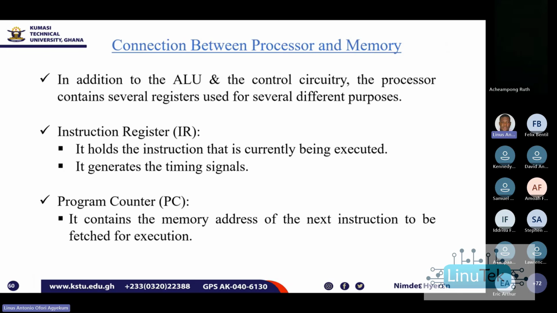So, as I have explained here, in addition to the ALU and the control circuitry, the processor contains several registers used for several different purposes. Instruction register, it holds the instruction that is currently being executed, and it also generates the timing signals for execution.